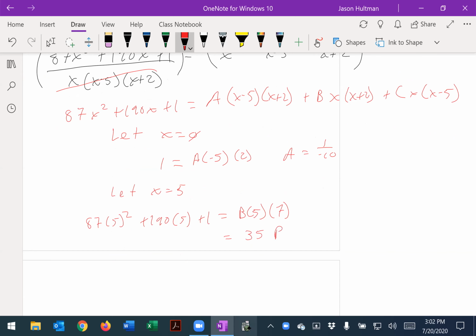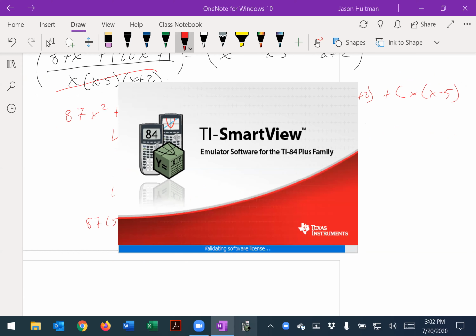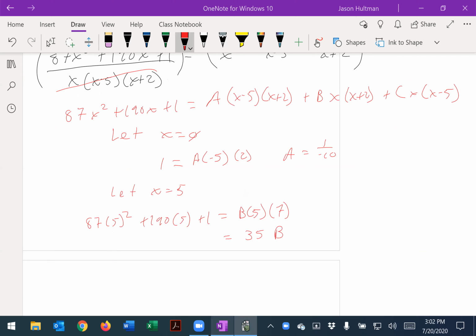I don't know if my calculator is going to come up or not. I just want 87 times 5 squared plus 190 times 5 plus 1.